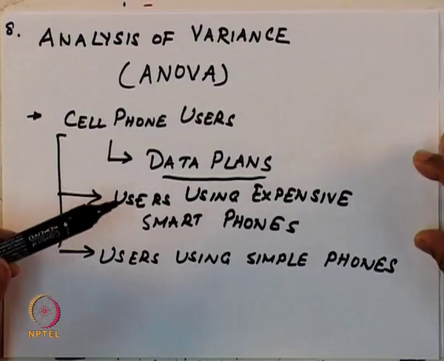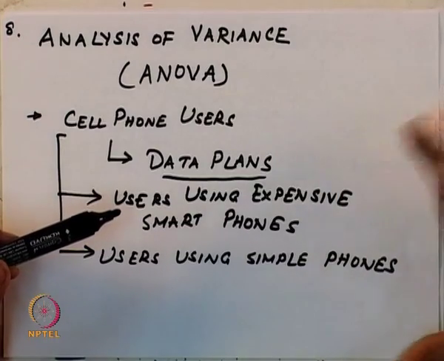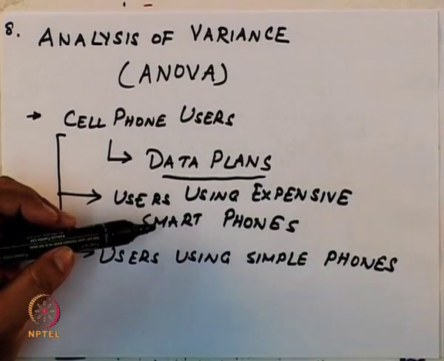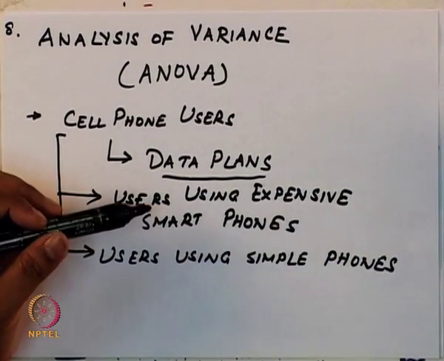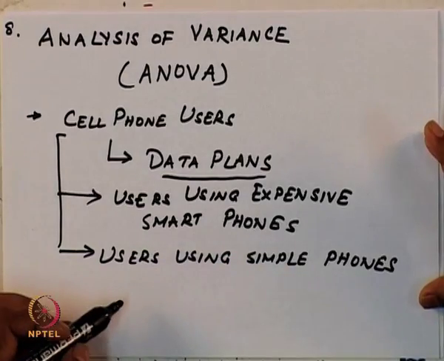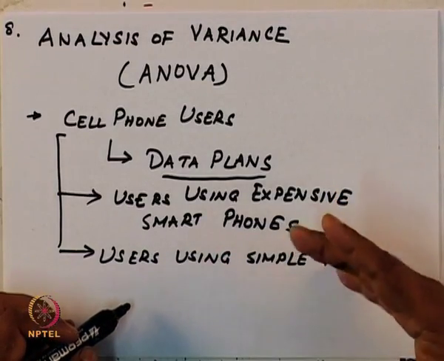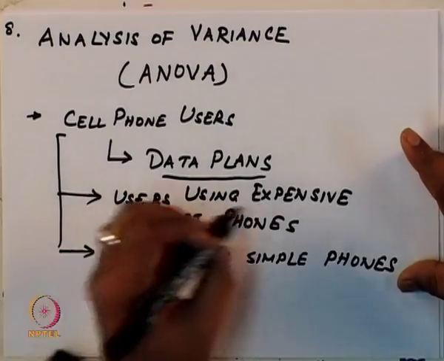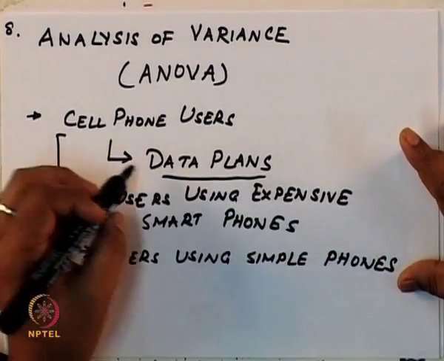clearly see that there will be reasonable variability, because people who use smartphones, they have expensive data plans, versus people who use simple phones, their usability is only dictated by having a phone connection. So, you will have a huge amount of variability when you compile the statistics for data plans.